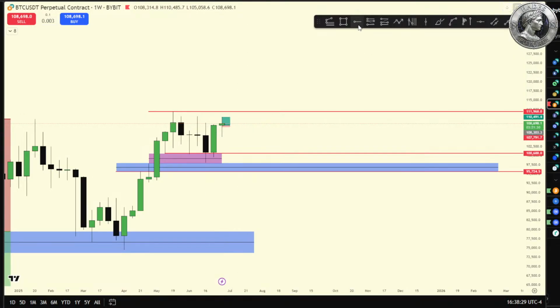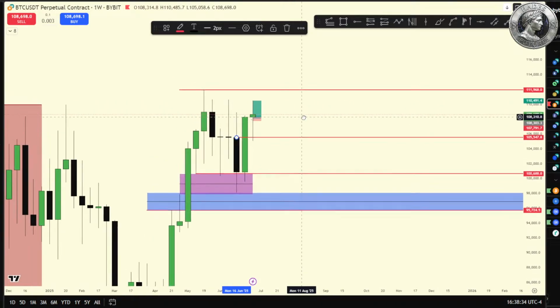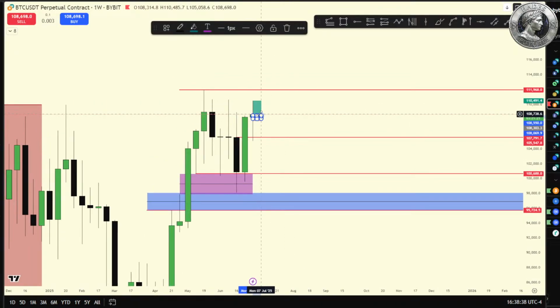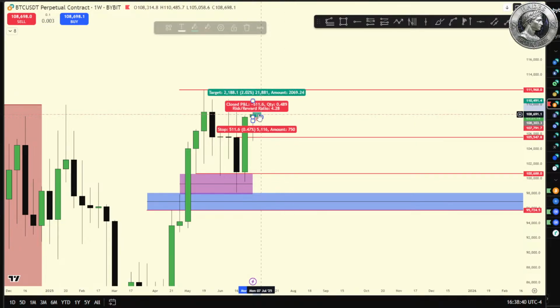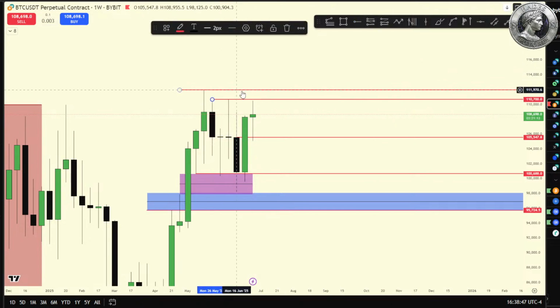So this is where I took my long options. I closed it when we are here, since it was not showing willingness to take the equal highs here. Big highs there, yeah.